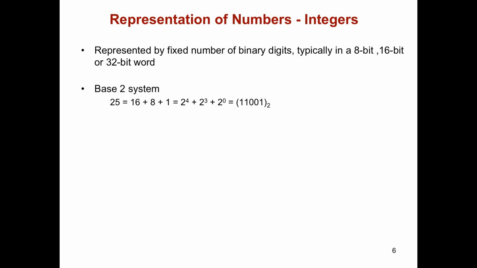My largest number is if I put all ones. It's going to be 1 plus 2 plus 4 plus 8 plus 16 plus 32 plus 64, and so on. That's my largest number, whatever that comes out to.